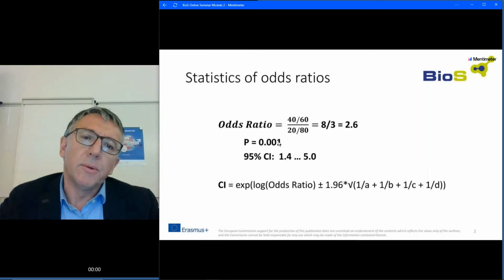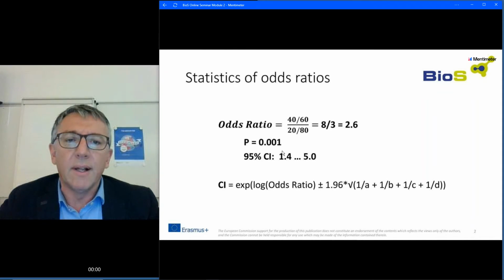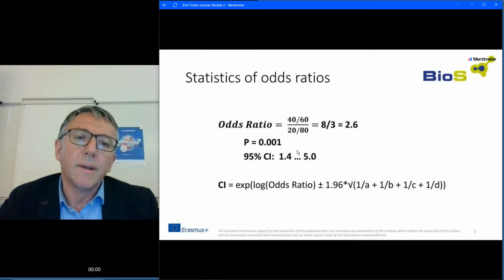So while the p-value tells you the probability of this value being found again in another study, which is very, very high, it's 90.99%, the confidence interval tells you a little bit more.